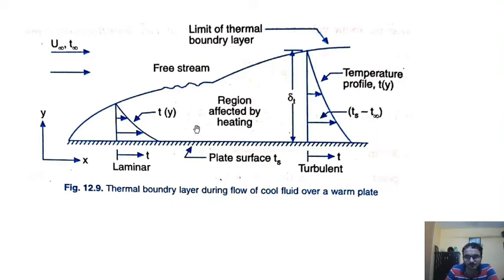Now as we are very close to this plate surface, the temperature of fluid will be almost equal to the plate temperature, that is T surface, and as we move away the temperature will keep on decreasing, and once we reach this boundary layer the temperature will be equal to free stream temperature.